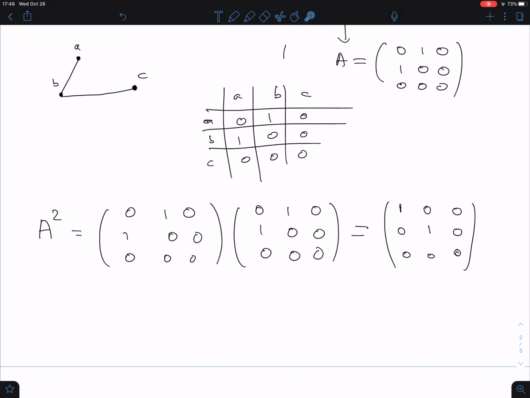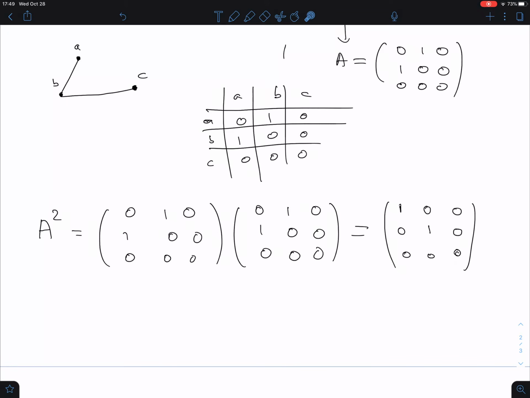Sorry, let me remind you, how did we calculate the value of this element? We used these three values and multiplied them with these three values in the same order. And the only contribution was from this one, which represented this edge, and this one, which represented the same edge.